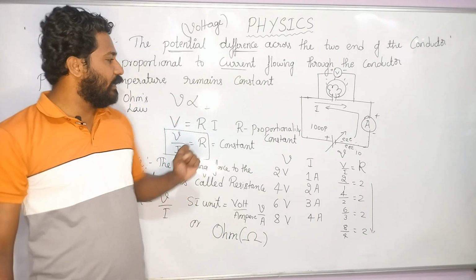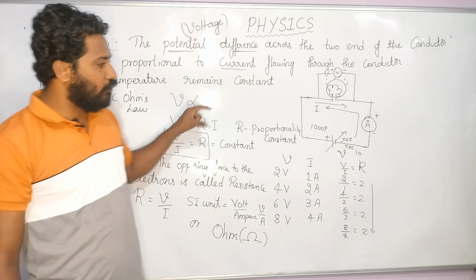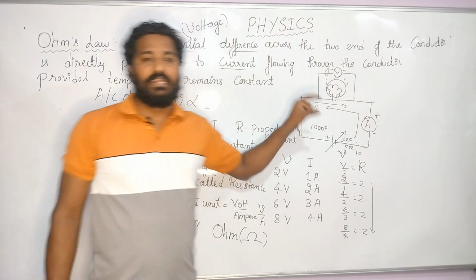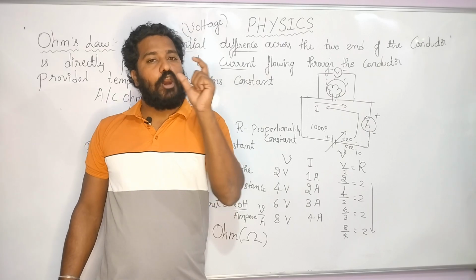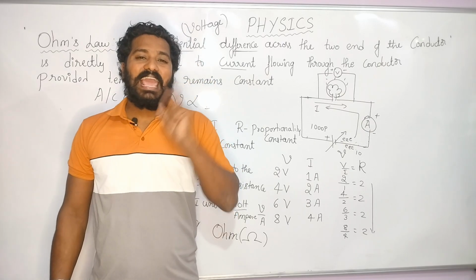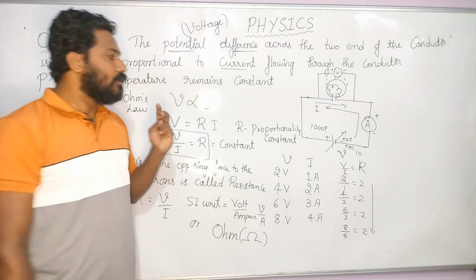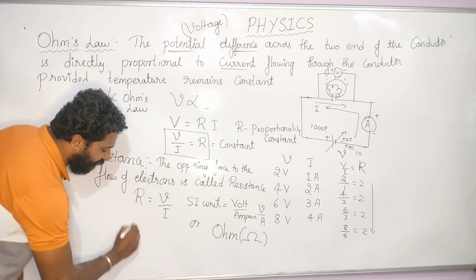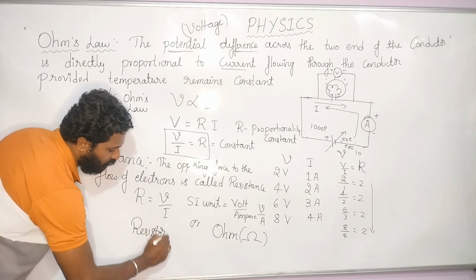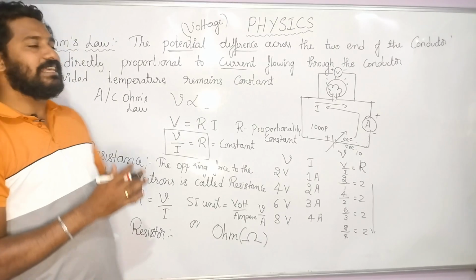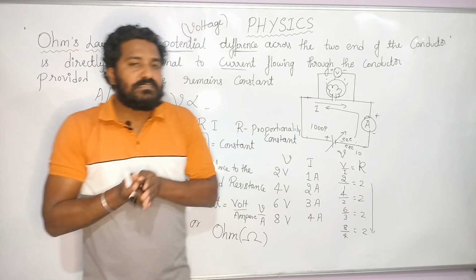Now you understood that always something remains constant. That something is called resistance. Resistance means it's the opposing force to the flow of electrons. Now we have a device called a resistor. So what is a resistor?